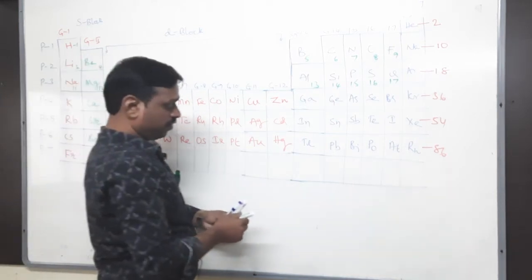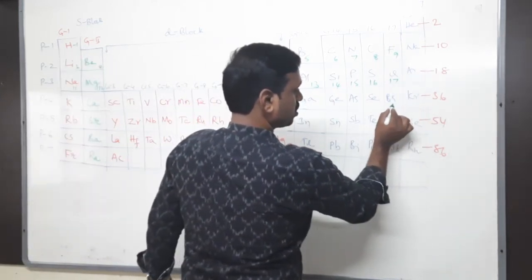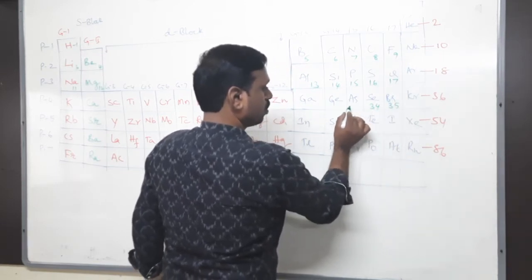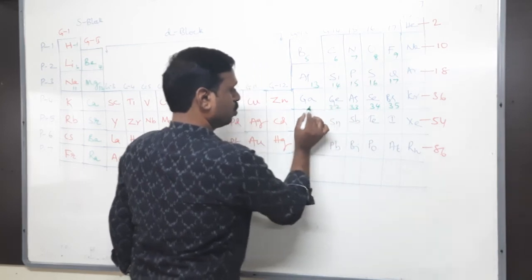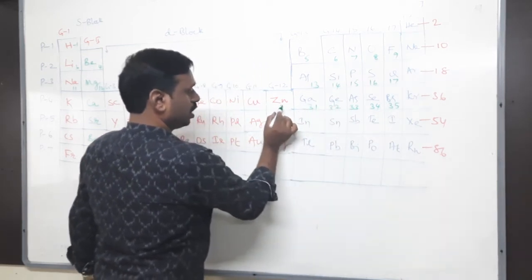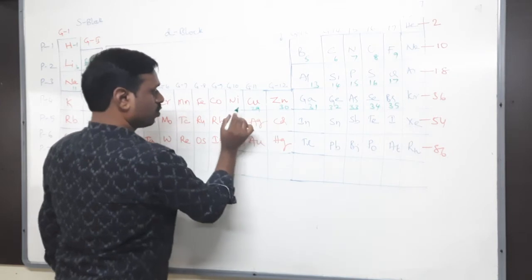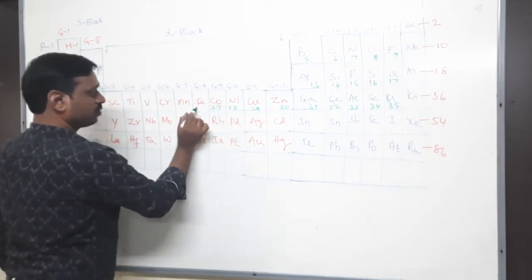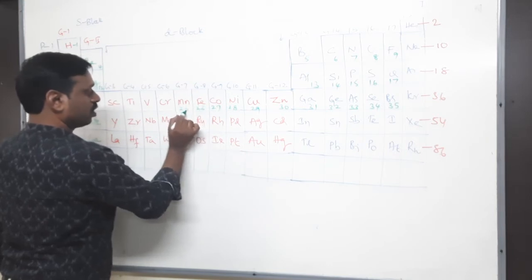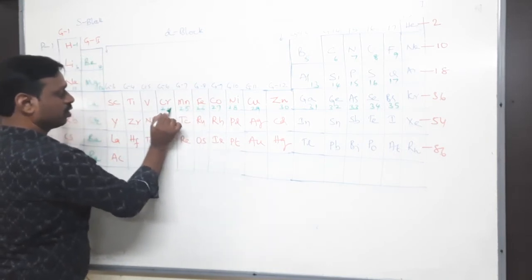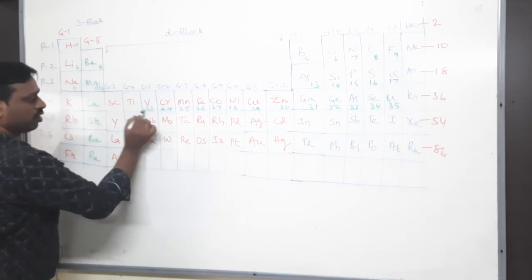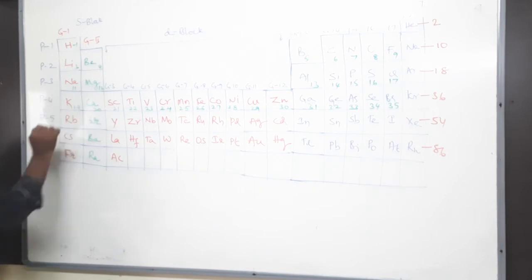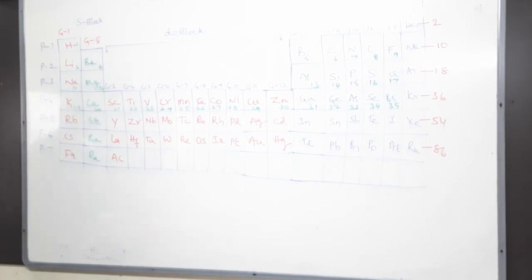Next, if krypton is 36, tell me what is bromine? 35, 34, 33, 32, 31, 30, this we know, 29, 28, 27, 26, 25, 24, 23, 22, 21, 20, 19, right?